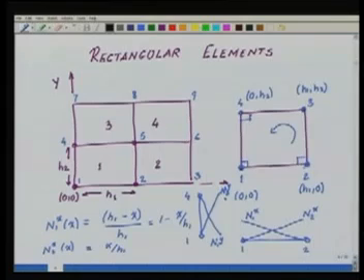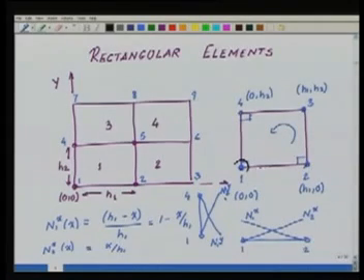Function on this line corresponding to this node is n1y. So if I take the product of n1x and n1y, by the definitions of n1x and n1y, this function is 1 at this node and vanishes at this node, which means that it vanishes at this node also. Okay. So it satisfies all our constraints that the function should have a value 1 at this node and 0 at all other nodes. Similarly, I go to this node.